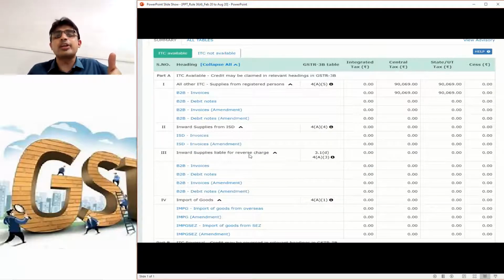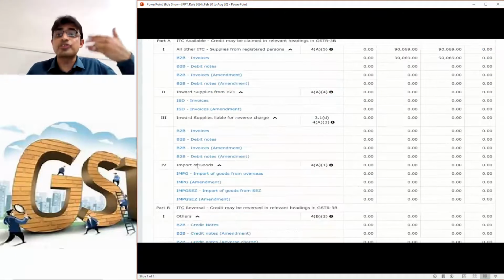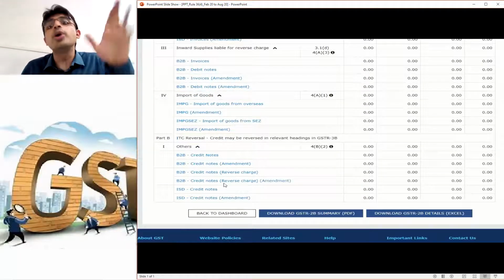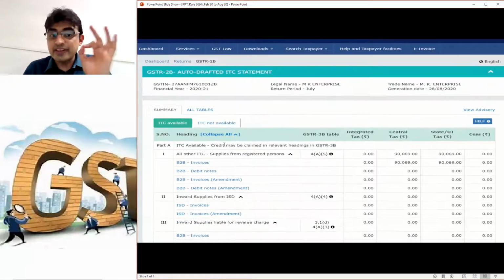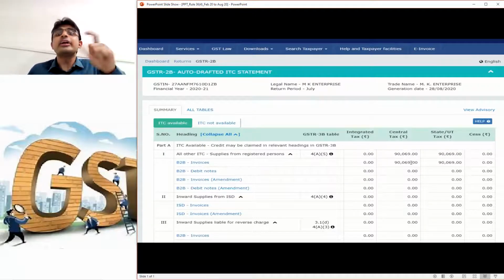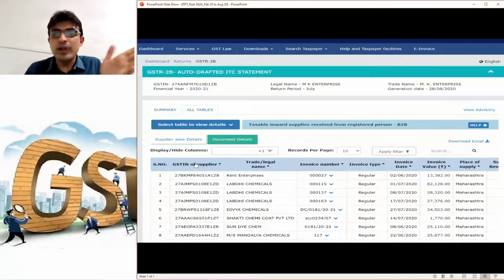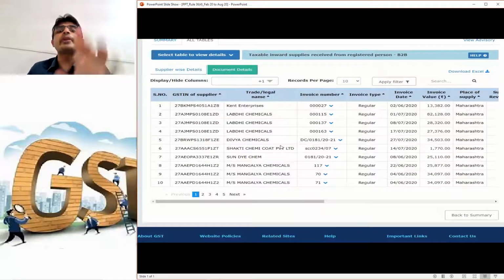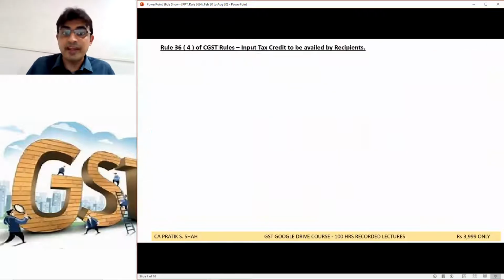All the details will come. ISD invoice, reverse charge, import, credit note, all the details are coming in the 2B. Correct. The recipient can verify each supplier wise detail. Entire detail from whosoever has purchased goods, the recipient can see in GSTR 2B. Fair enough. Now, what is this Rule 36 sub Rule 4?